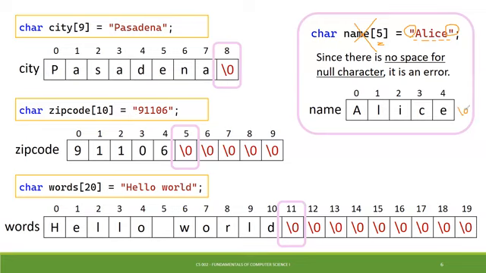Double quotes mean it is a string, so the compiler will try to add it. However, there is no space for it, so this is an error. This is very important. In this case, Pasadena has 8 letters. If you have 8 here, it is wrong. This is the first thing you should be careful about.